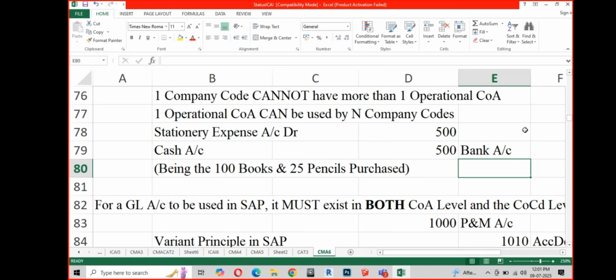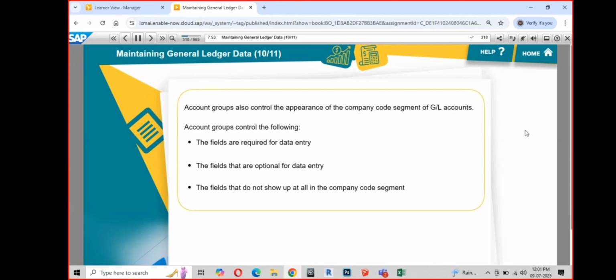So if the SAP system prompts me to enter the bank account number for this simple journal voucher, do you think it makes sense? In that case, I would stop the SAP system from asking for this information at all. This bank account should not even appear in my transaction. It should not show up.